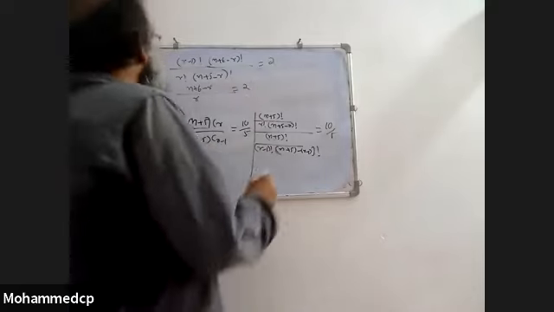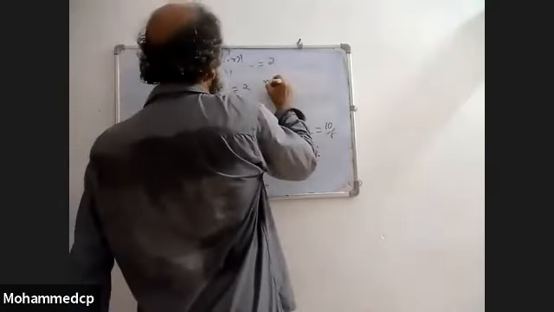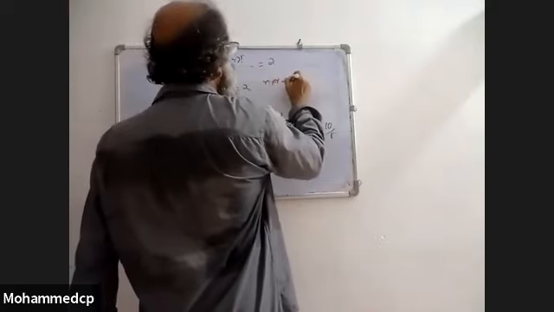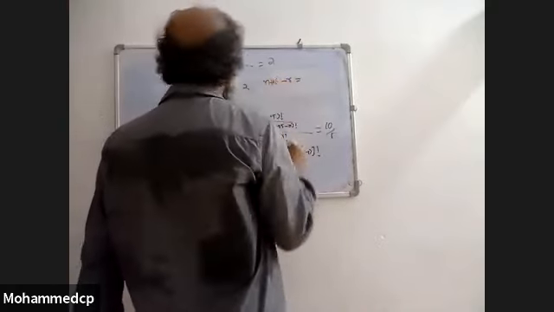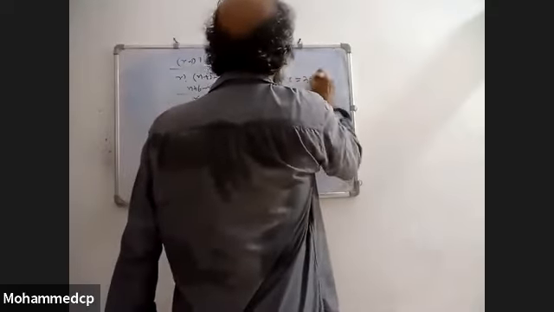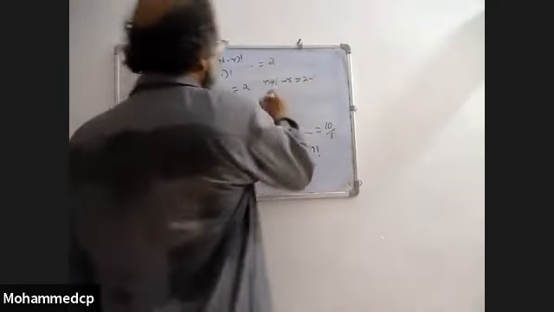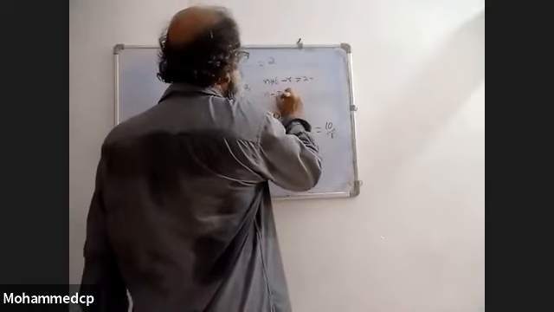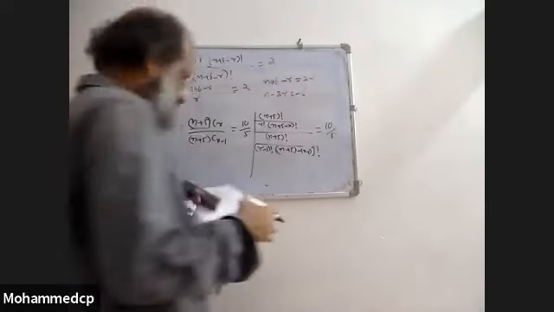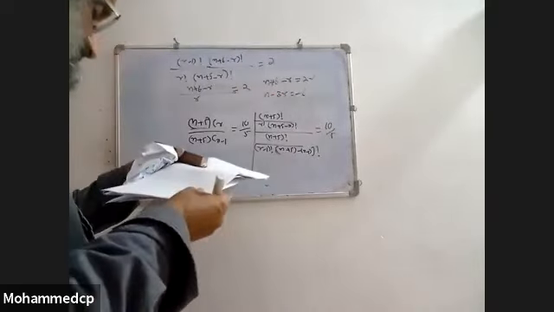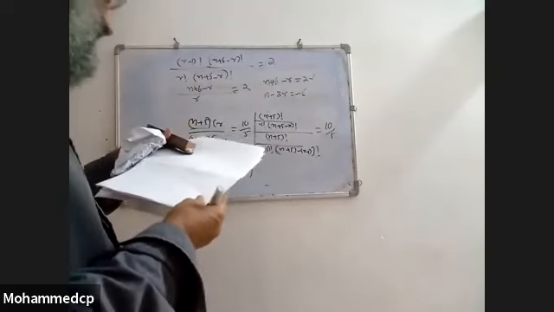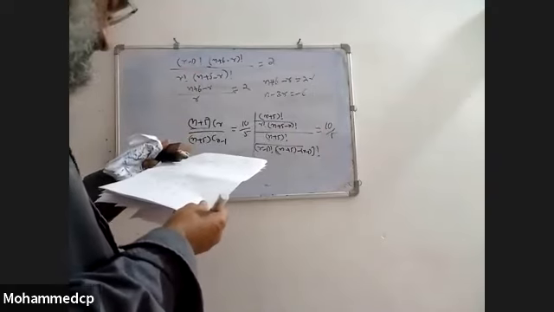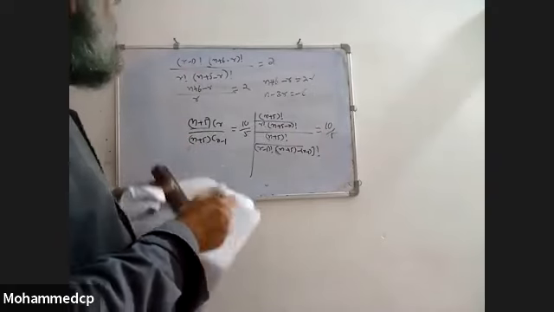When you simplify these, sorry, n plus 6 minus R equal to 2R. That is n minus 3R equal to minus 6. We get the first equation as n minus 3R equal to minus 6.